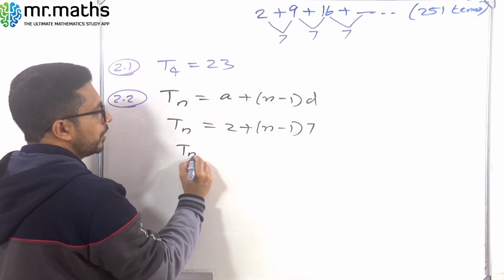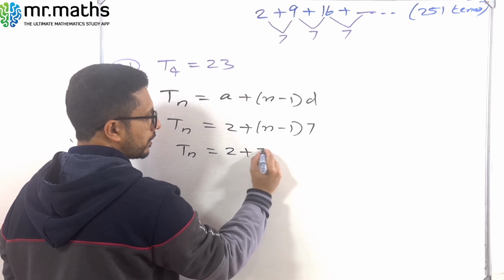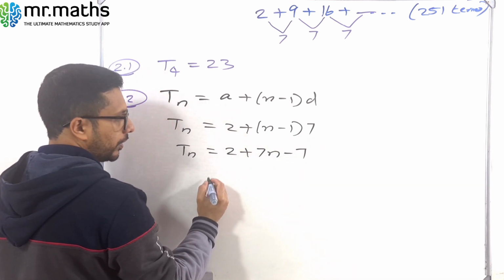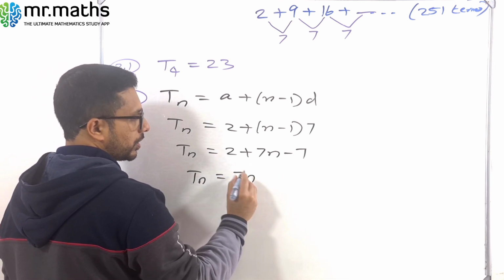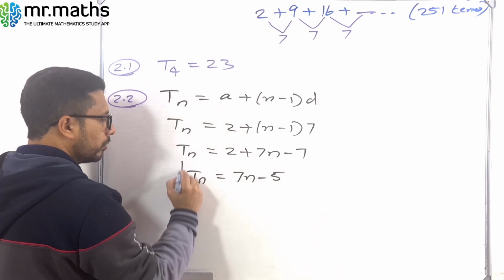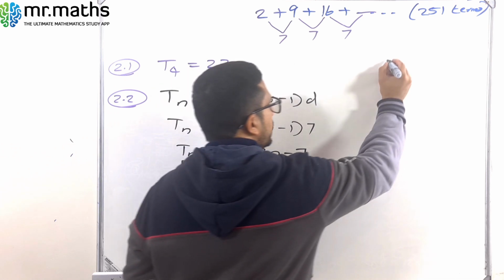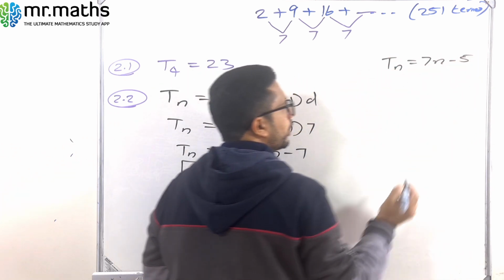So Tn is equal to 2 plus, expanding the bracket, 7 into n is 7n, 7 into minus 1 is minus 7. So 2 minus 7 is minus 5. Tn is equal to 7n minus 5, that is the nth term.